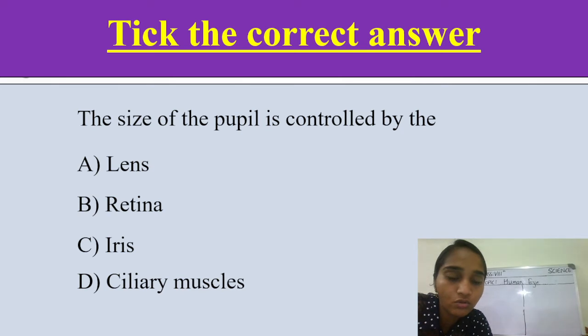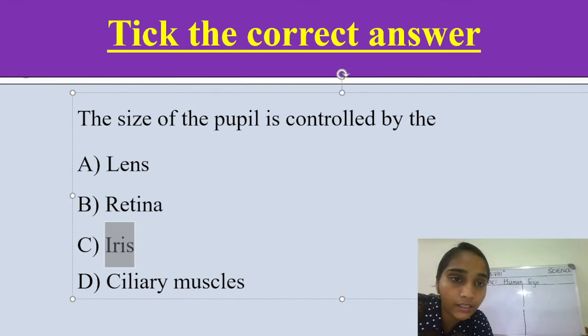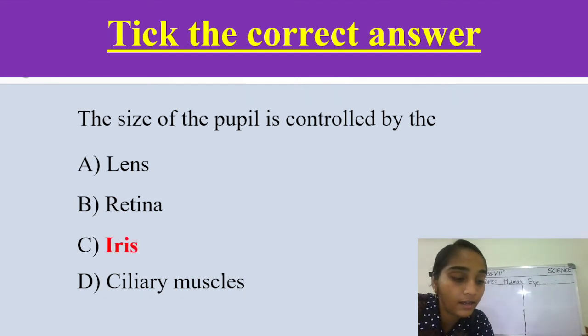Yes, okay, very good students. If you have given the answer as the iris, that the size of the pupil is controlled by the iris, you are correct.